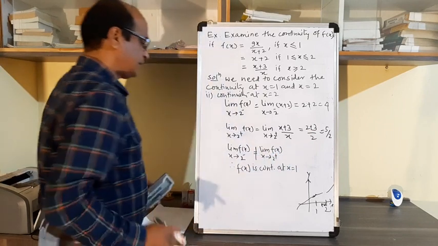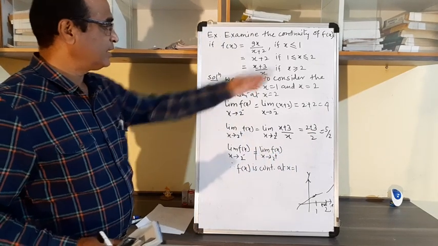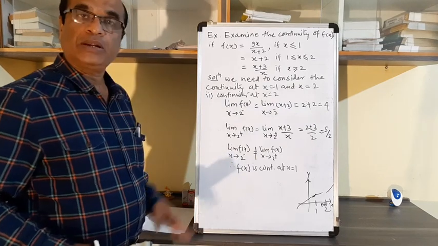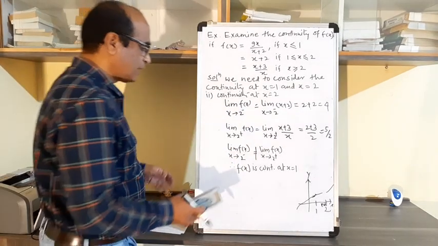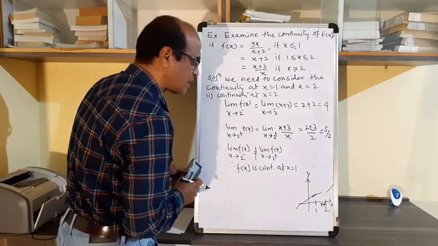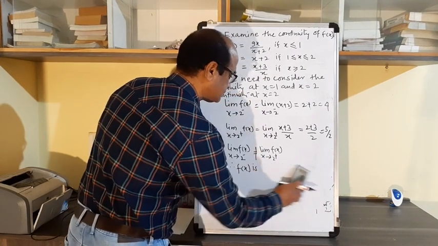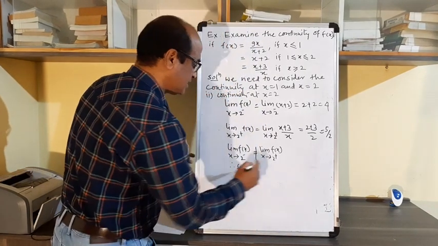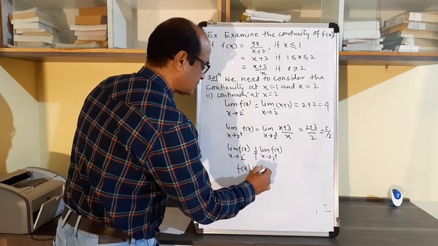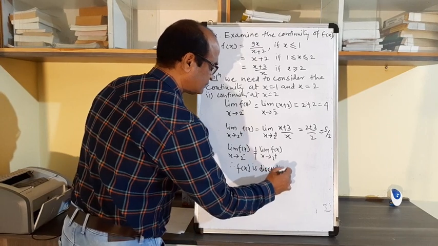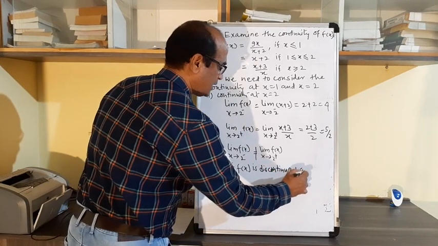Therefore f(x) is not continuous, it is discontinuous at x is equal to 2.